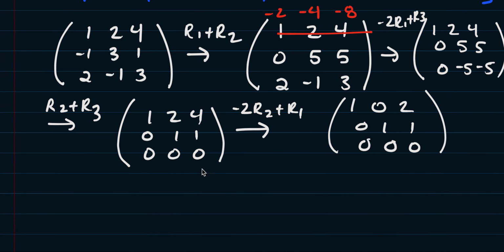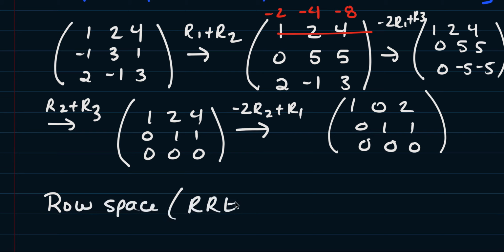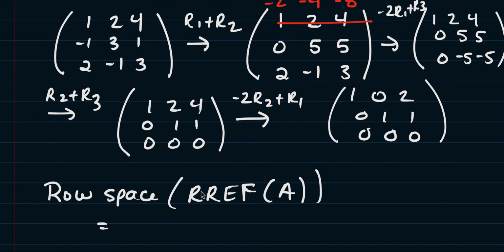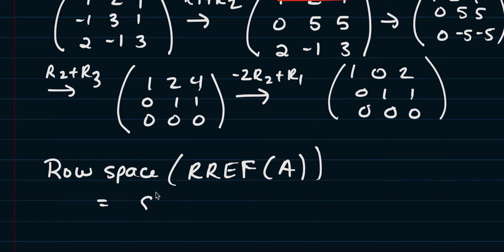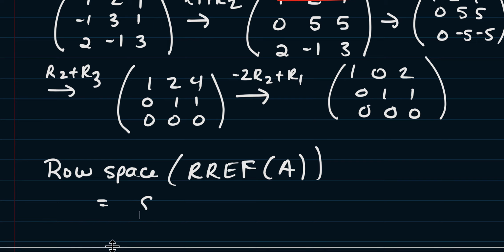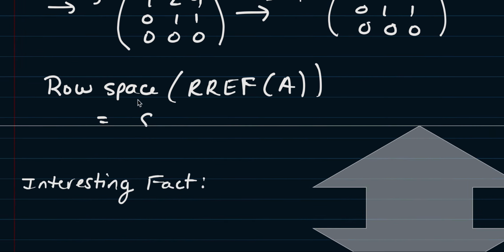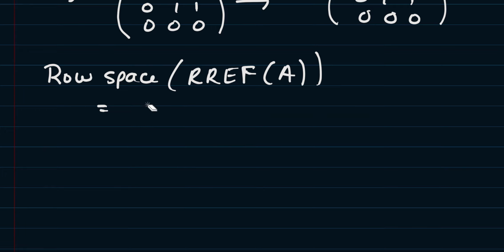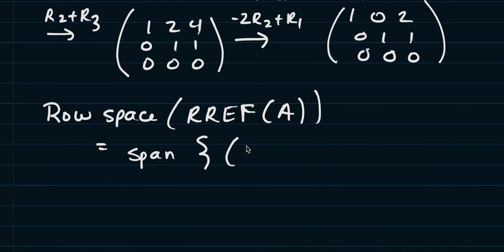So you can see that the row space of the reduced row echelon form of A is equal to the span of these two vectors, 1, 0, 2 and 0, 1, 1.